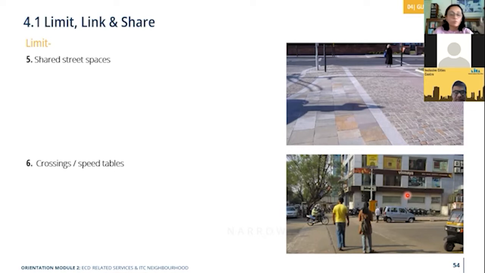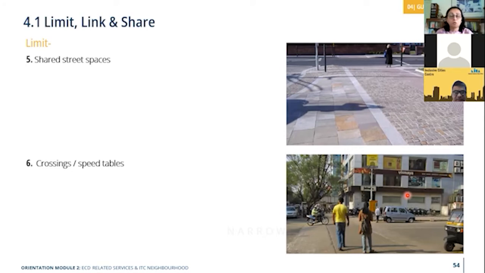So a lot of cities have now taken the approach of having shared streets. So there is no complete pedestrianization, and no complete limit on cars or vehicles. Cars are allowed, vehicles are allowed, but to a very lower limit and also with controlled speeds, right? So this could be done, that the streets can be made into a shared space.